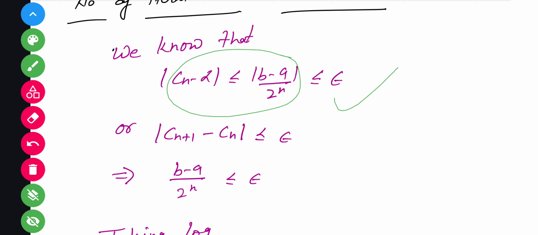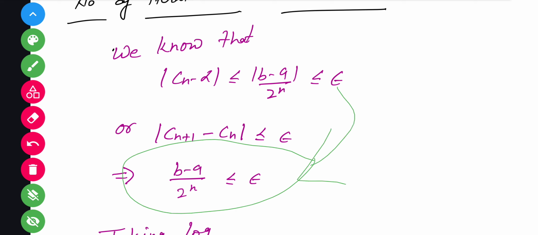From this we can write this, or this is the OR condition. We don't need this one. We can write this from here. So we need this kind of condition.